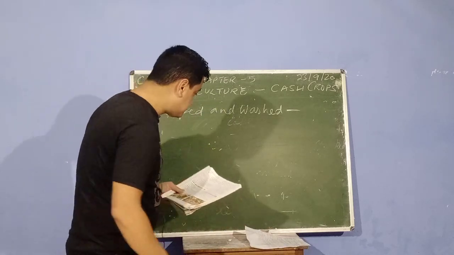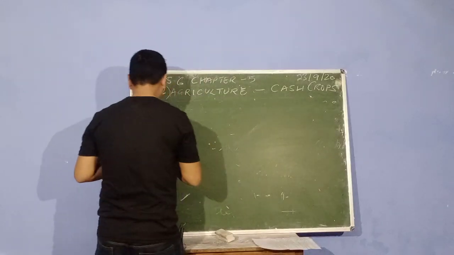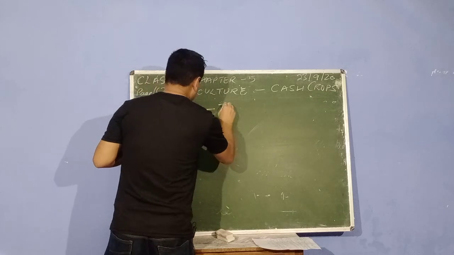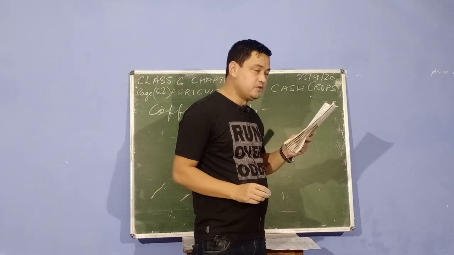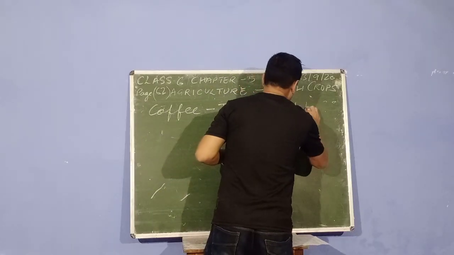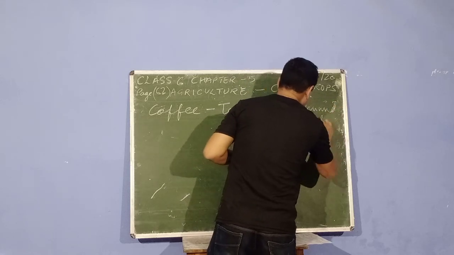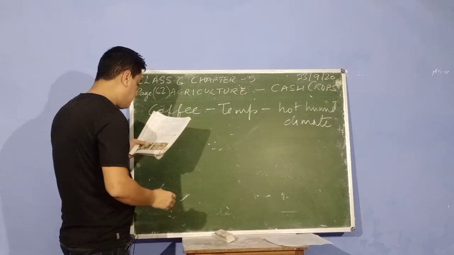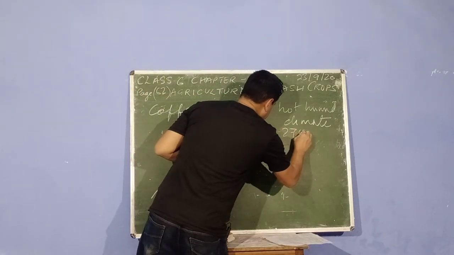Now we are moving on to the temperature of the coffee. It requires a hot, humid climate. So that time only I told you, it requires a hot, humid climate, meaning it needs a high temperature where the content of water vapor is more, with a temperature of 15 degrees Celsius to 27 degrees Celsius.